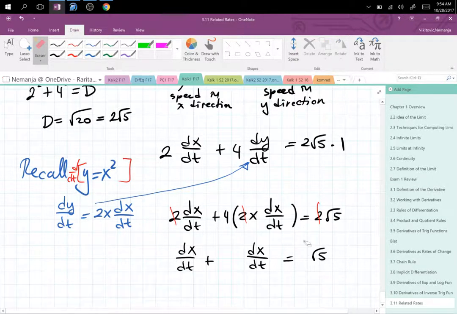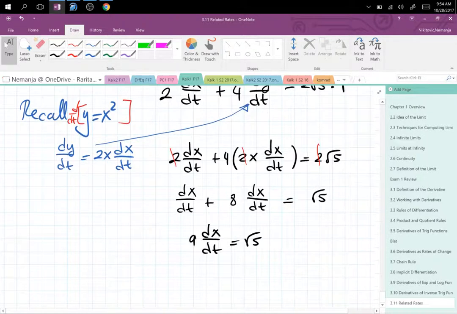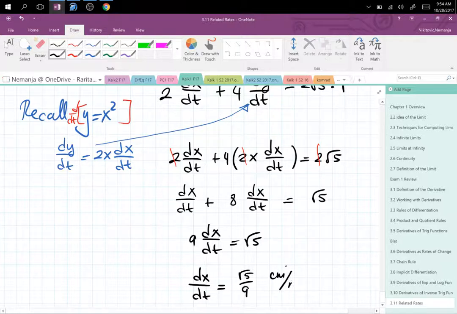It's going to be 8. So 1 dx dt plus 8 dx dt's, so 1 apple plus 8 apples is 9 apples. So 9 dx dt's equals root 5. And we finally have that dx dt, which is the speed in x direction, is root 5 over 9 centimeters per minute. It's a small bug.